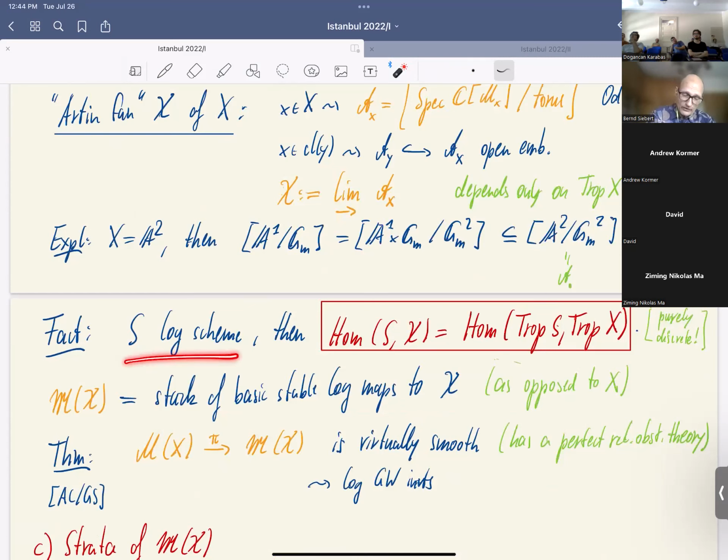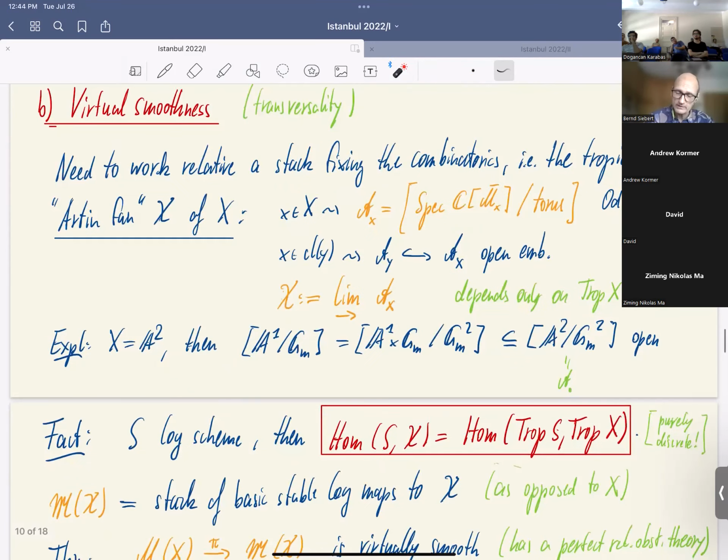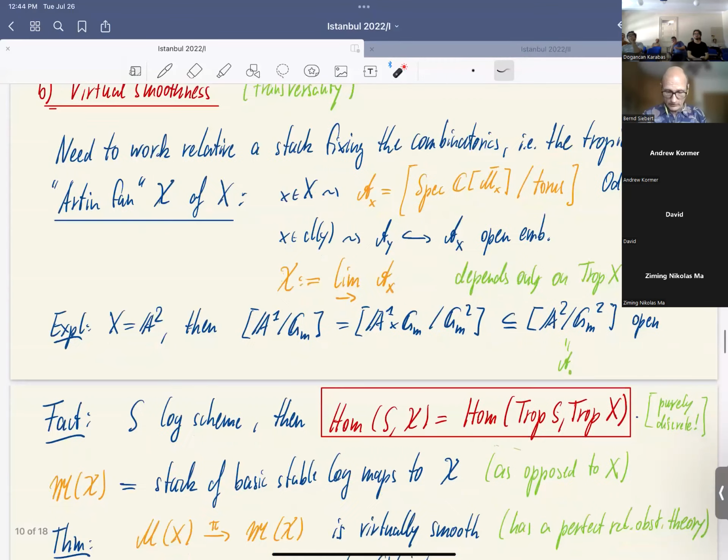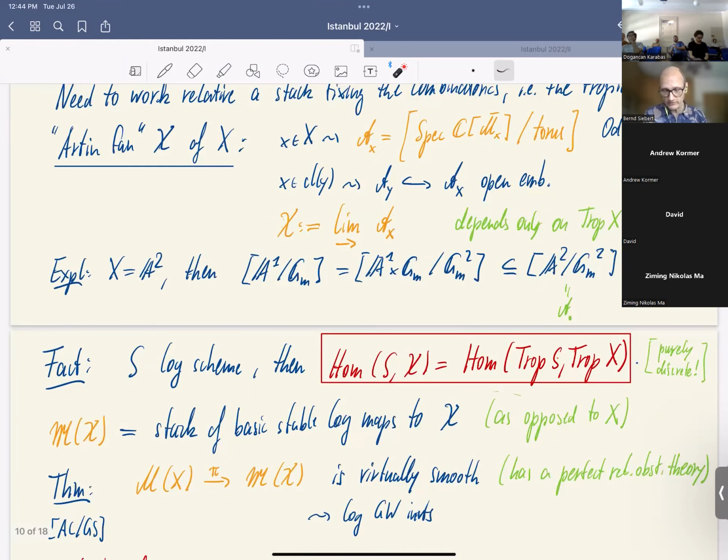If you have any log scheme S, you can look at the morphisms from S to this stack. Actually, I didn't say this, but it comes with a log structure, pretty obviously from the charts that you see here from the toric varieties. So you look at the space of log morphisms from S to X, and you find that this is totally discrete. Namely, it's the same as morphisms of cone complexes from the tropicalization of S to the tropicalization of X. So here's an algebraic stack that essentially just tells you what your tropical picture is.